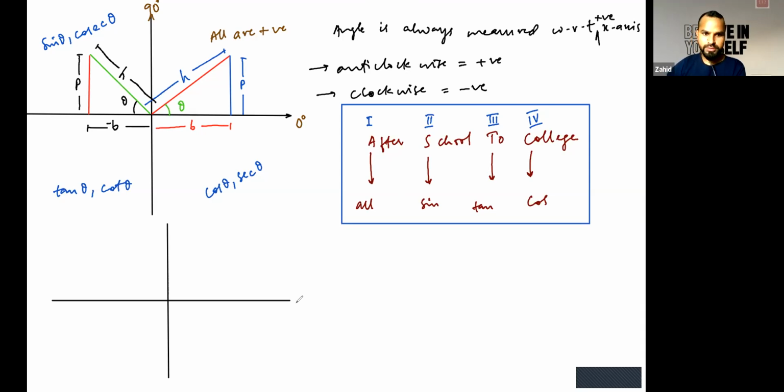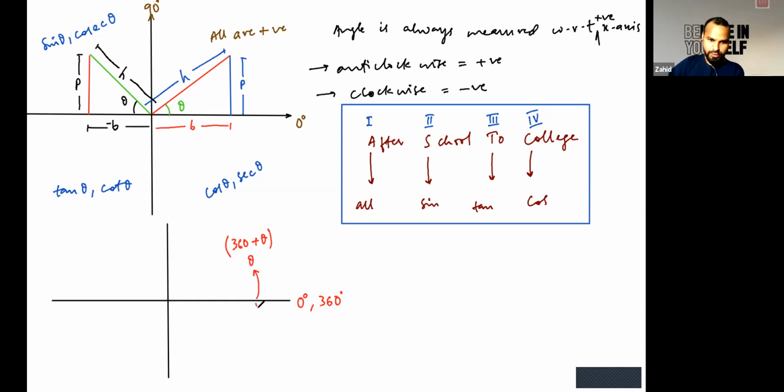I'm defining what it means. Let's say you have to calculate the angle in this first quadrant, this line would be called 0 degree or 360 degree. So while going along this side, you will reach the first quadrant. This movement is in the anti-clockwise direction, so it will be always positive. So you can write 360 degree plus theta or simply theta.